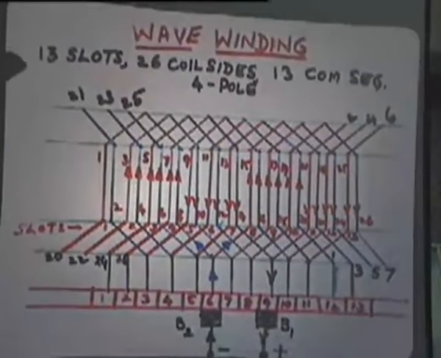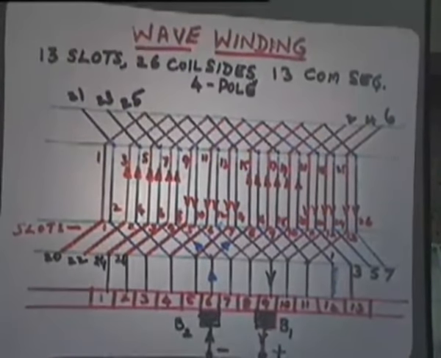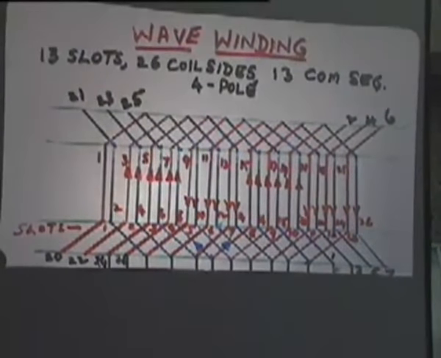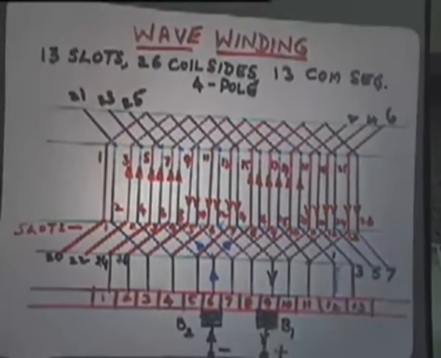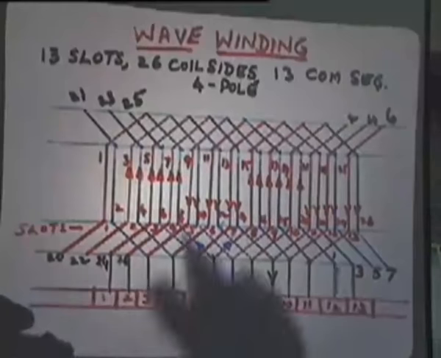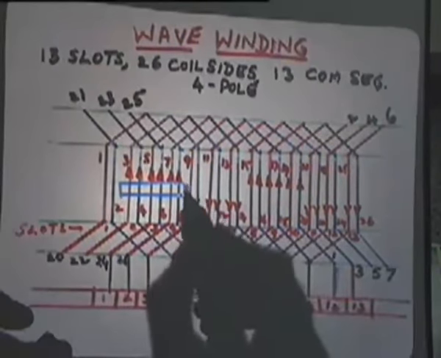Now when we say 13 slots, this is the complete diagram. The 13 slots are drawn, so that means 26 coil sides. Typically they are distributed between 4 poles. Let us say these are the influence of different poles.